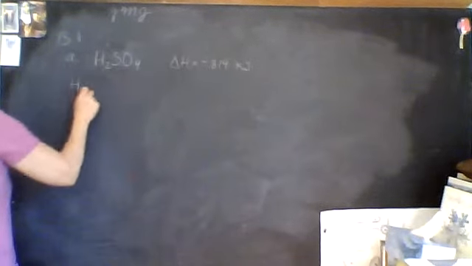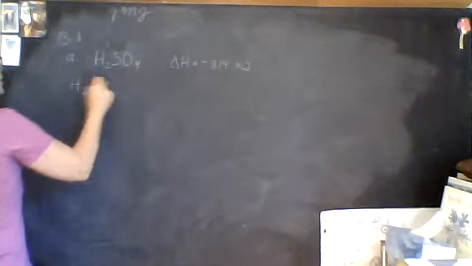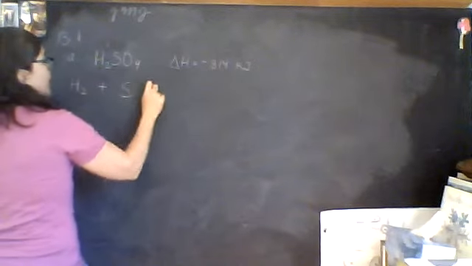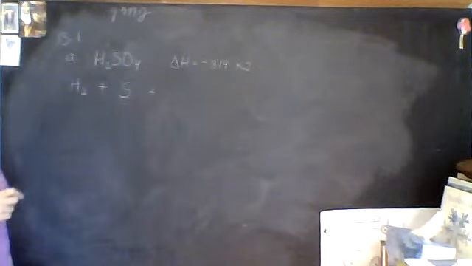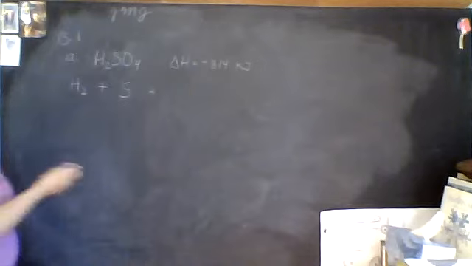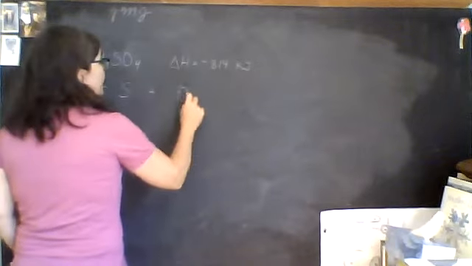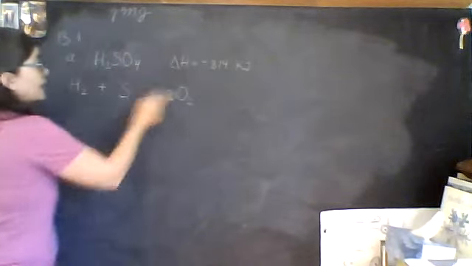So we're going to look at it as H2, because we're not told not to. So H2 plus S, sulfur, plus 2O2, because oxygen is also a homonuclear diatomic, and we need 4 oxygens.